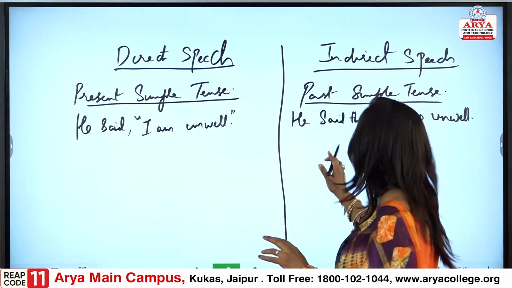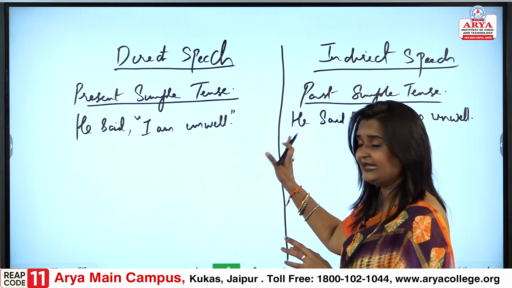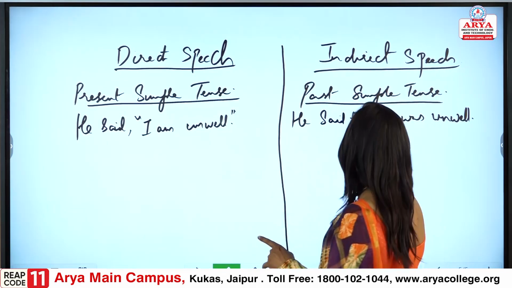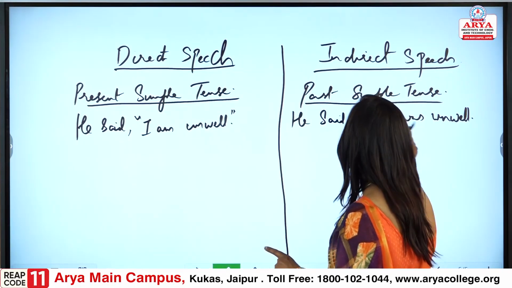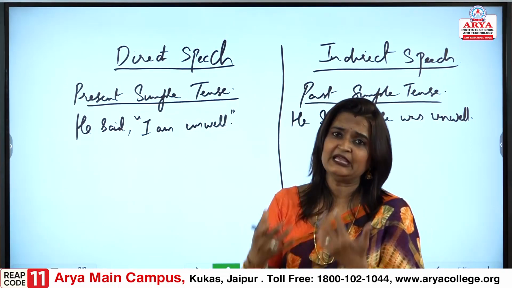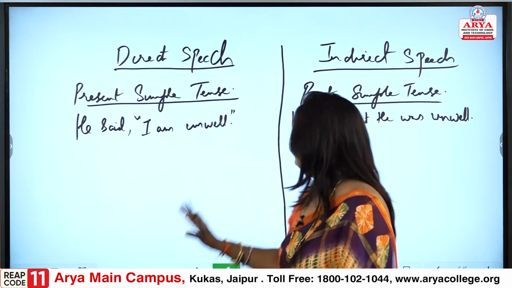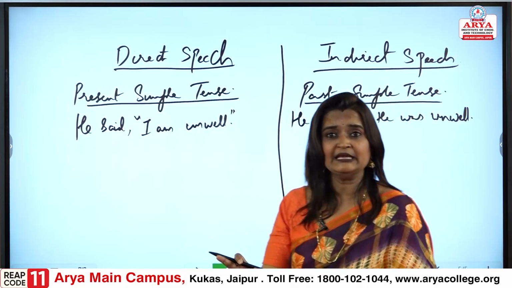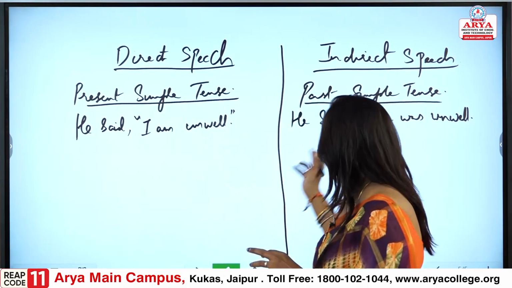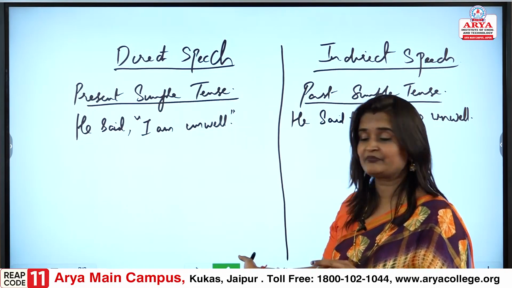Now when we are converting, he said that I became he, was unwell. When the first person is talking, I am unwell. But when the second person is talking, I became he, so he was unwell.